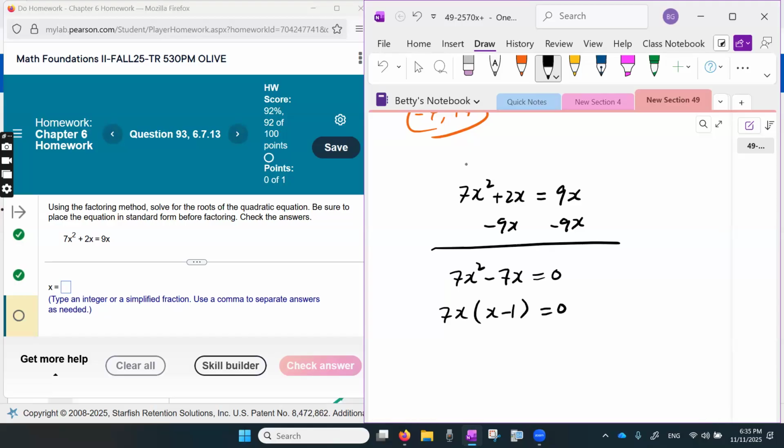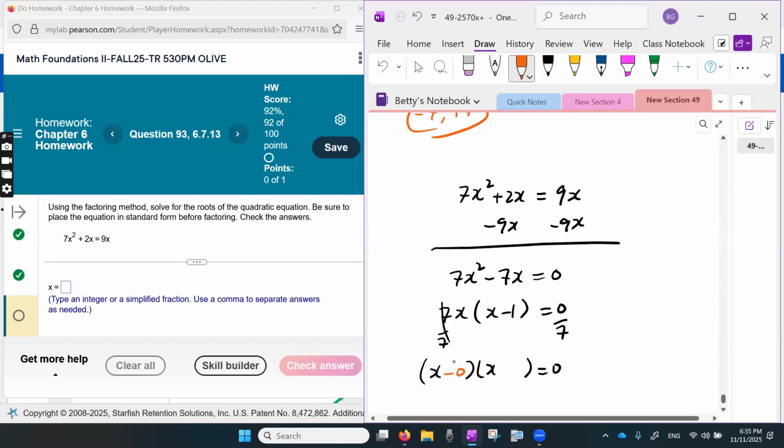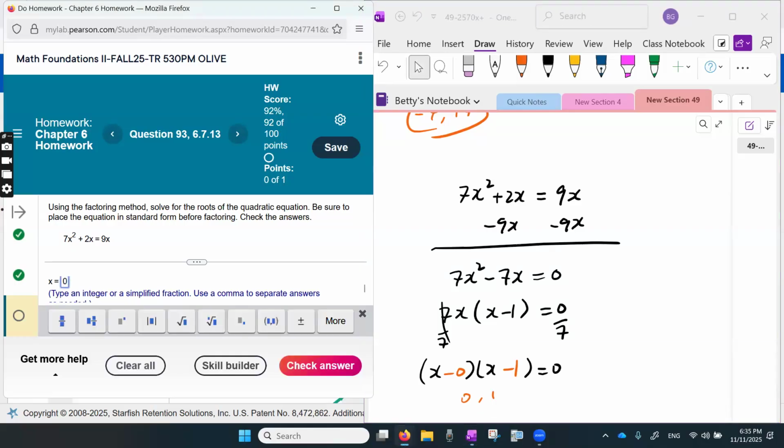We can get rid of 7. So x minus 0 times x minus 1. Do you see it? So x times x minus 1 is x minus 0 times x minus 1, right? The opposites of the two numbers are 0, positive 1. So 0 and 1 are the two solutions. If you have time, you should double check. How do you double check? Plugging in.